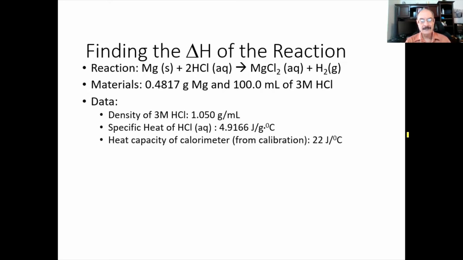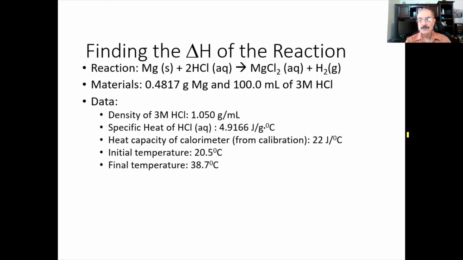The heat capacity of the calorimeter, in our previous example we calculated it to be 22 joules per degree Celsius. And according to our data, the initial temperature was 20.5 degrees Celsius, and the final temperature, based on the projection of the trend line towards the y-axis, is 38.7 degrees Celsius.